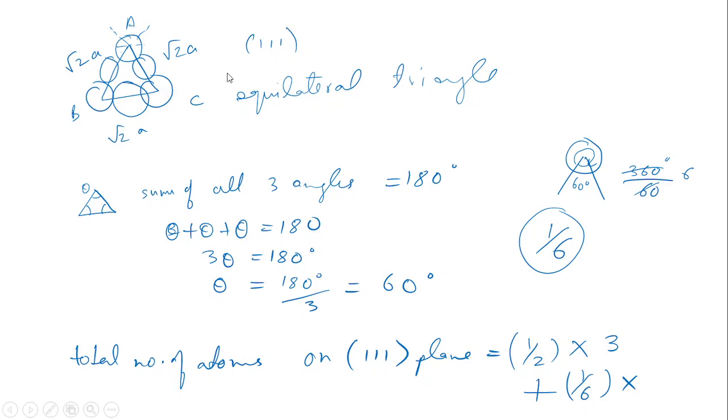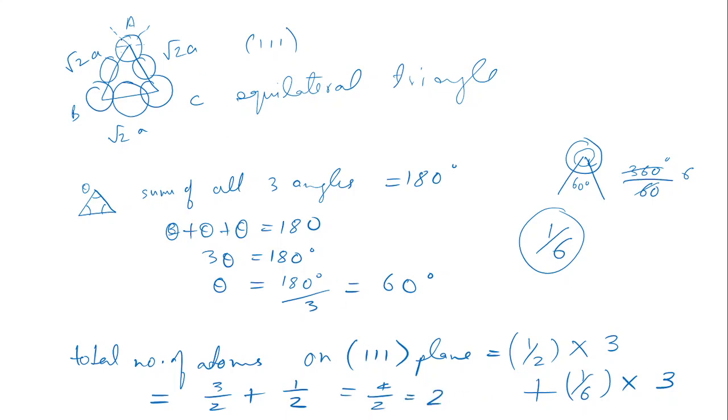Atom A, B, C. So we have 3 atoms on corner as well for this 111 plane. So total number of atoms on this plane is 3/2 plus 3/6. 3/6 means 1/2. When we'll add this, it will be 4/2, which will be 2.